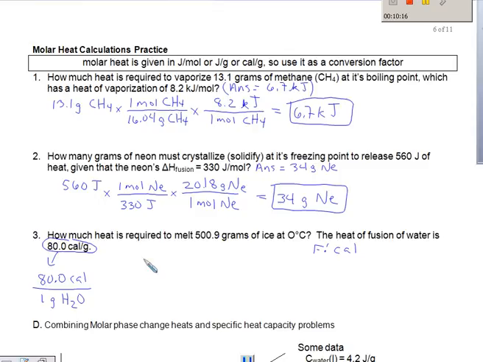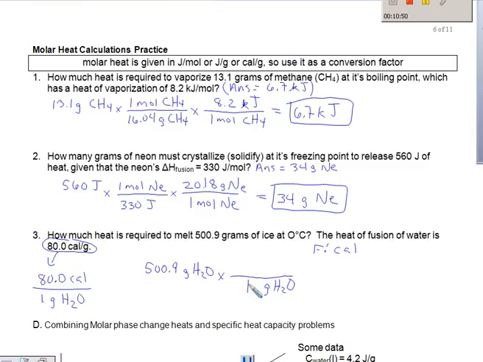So let's go ahead and work this out. This is our given right here, 500.9 grams of ice. So we have 500.9 grams, and ice is H2O, just solid. And we're trying to get to calories. So we're going to bring grams down. So we have grams of H2O. And if we look over here, this allows us to convert directly between grams and calories.